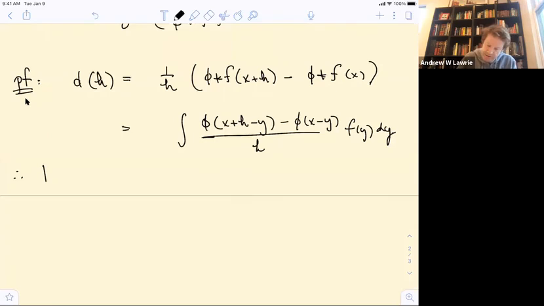The absolute value of this is less than or equal to, say, the L infinity norm of phi prime by the mean value theorem.